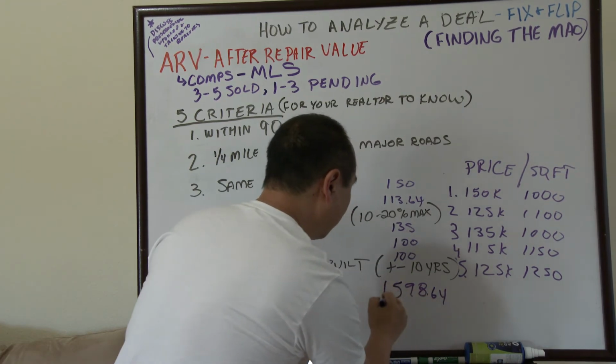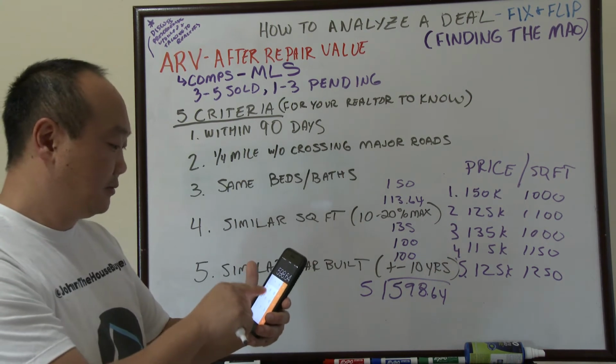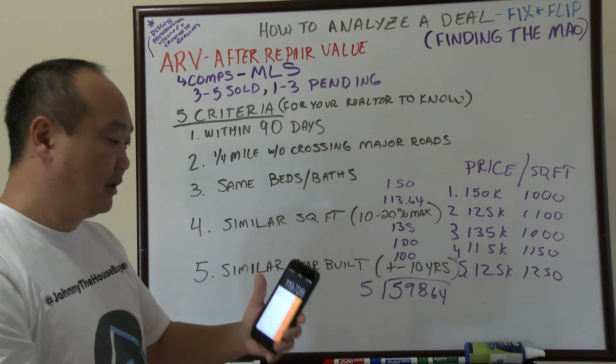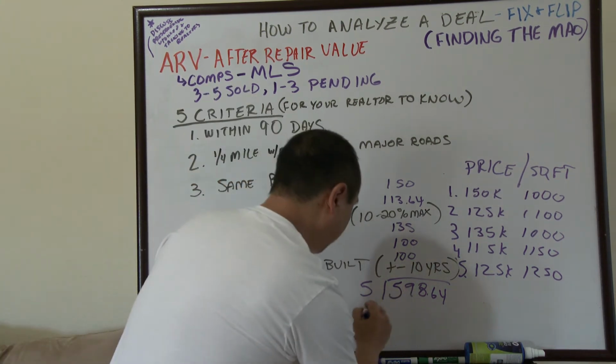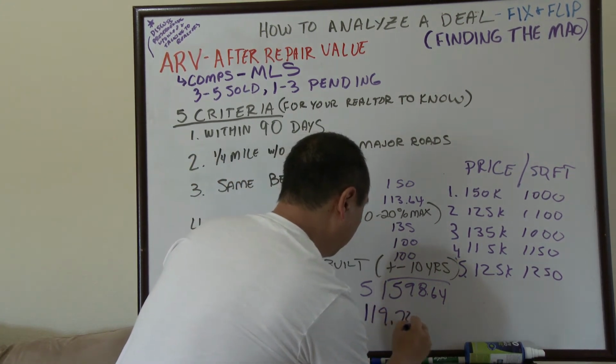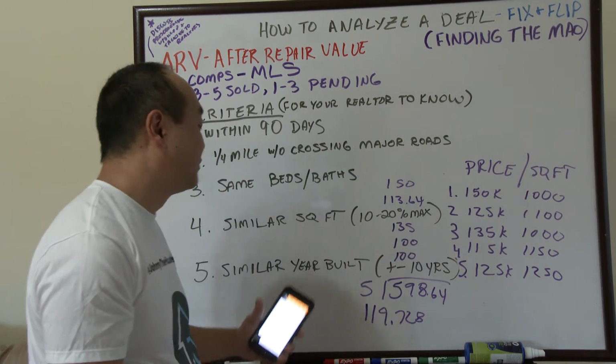We divide that by 5, which is 119.728, so 119.73.